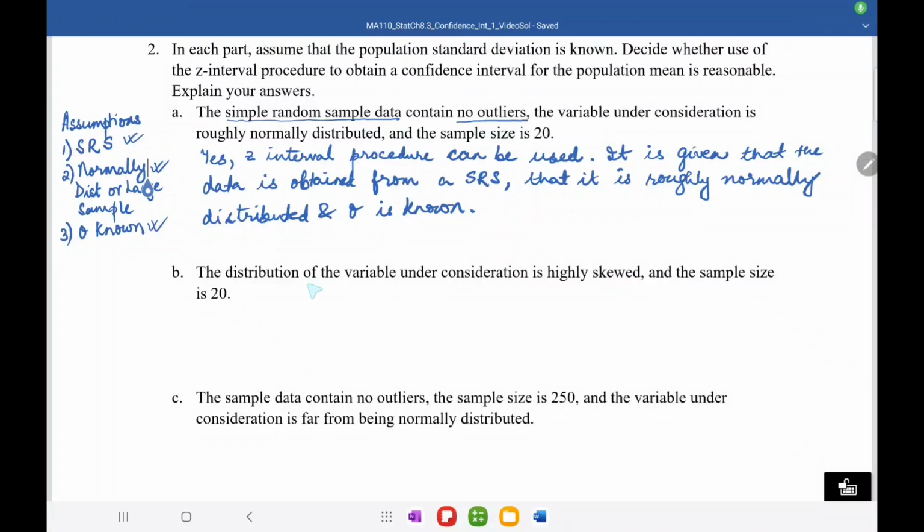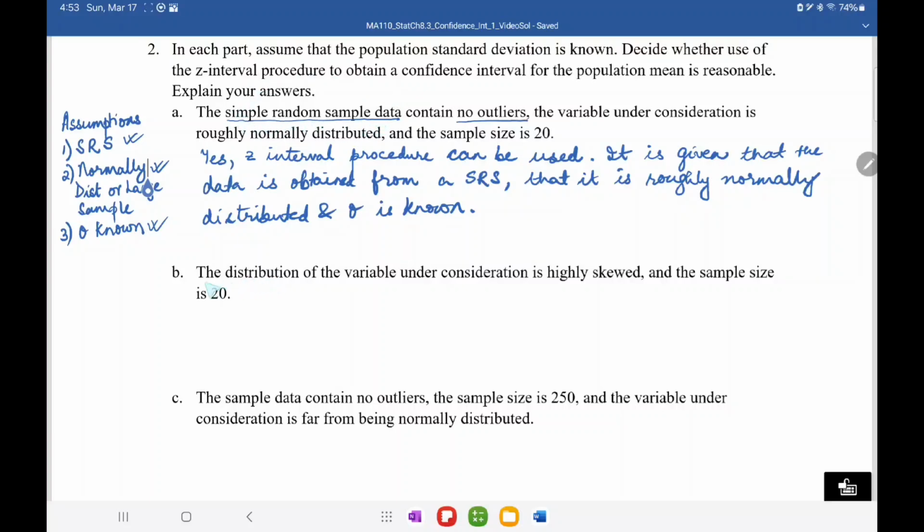Let's look at the conditions given in part B. It says the distribution of the variable under consideration is highly skewed and the sample size is 20. Previously they had told us that the data was obtained from a simple random sample.